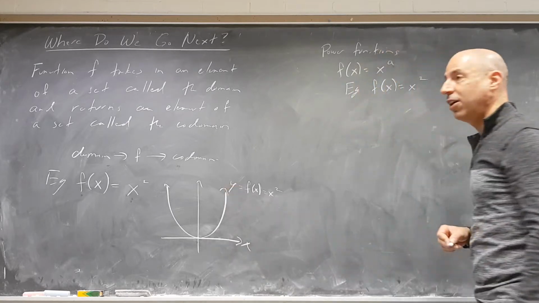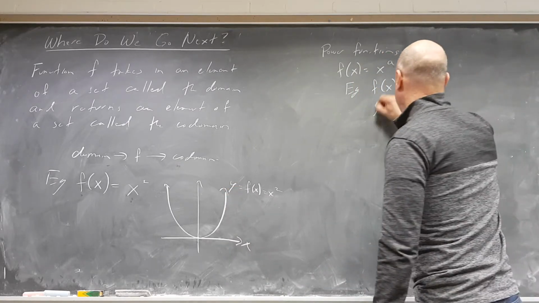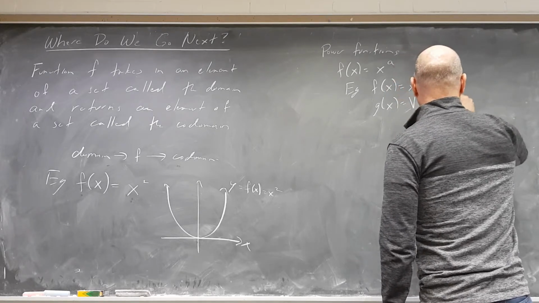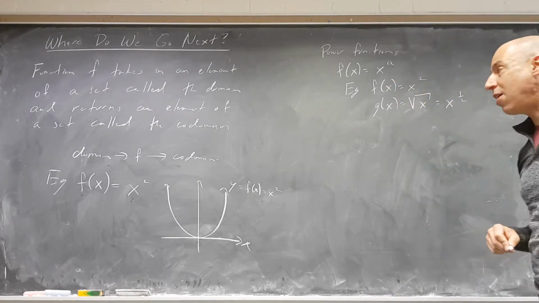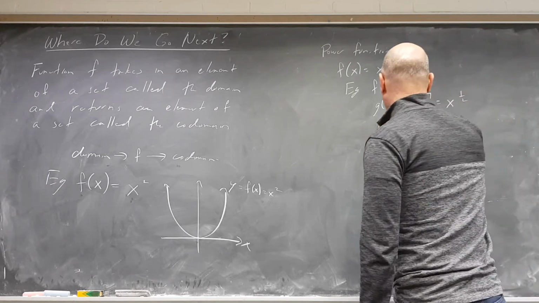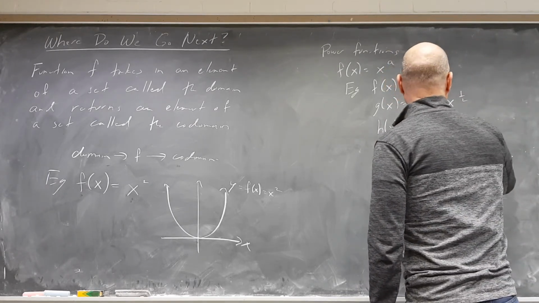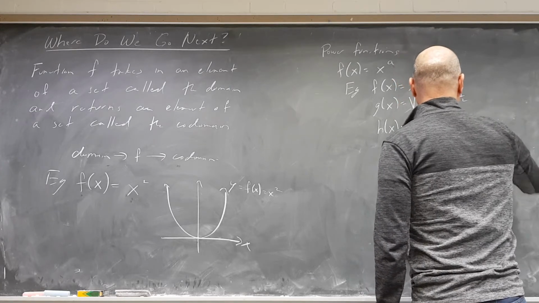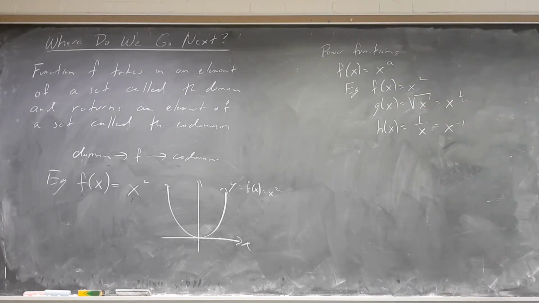Perfectly nice power function. Or g of x equals the square root of x, which is x to the 1/2. Perfectly nice power function. Or h of x equals 1 over x, which is x to the -1, a perfectly nice power function. So we spent a lot of time talking about power functions.